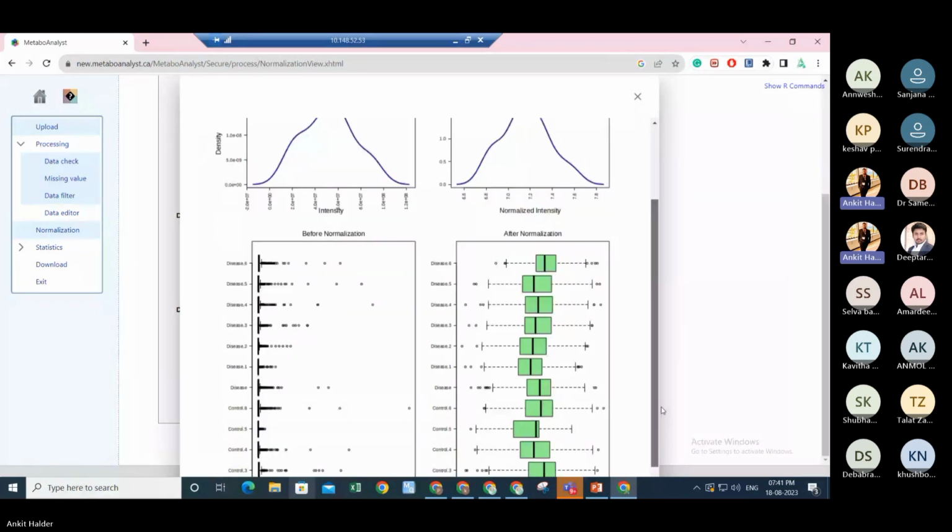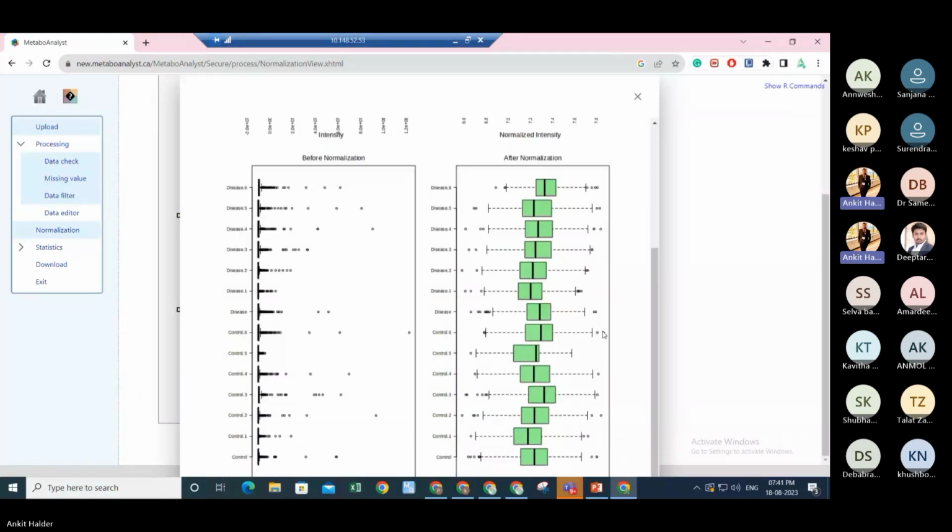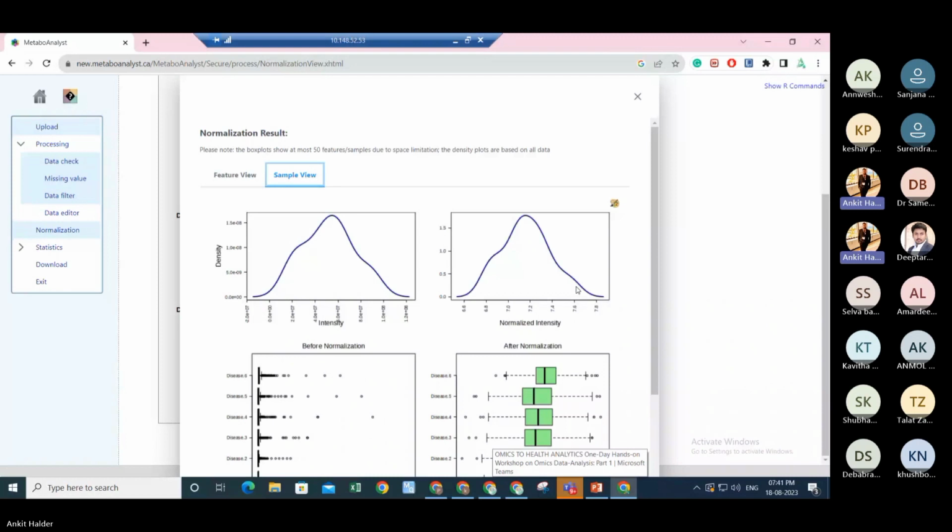So here you can see that the medians are not yet aligned. So now your question will be what to do with this kind of data. For example, as we have mentioned, if we do a median normalization and scaling, this should get aligned, and the data distribution should look like a Gaussian distribution.